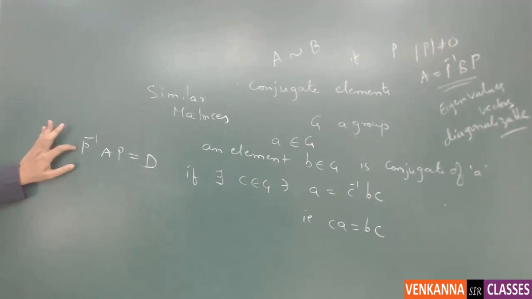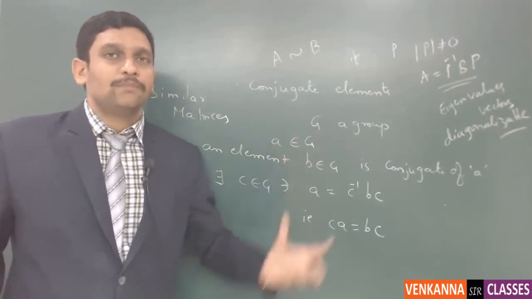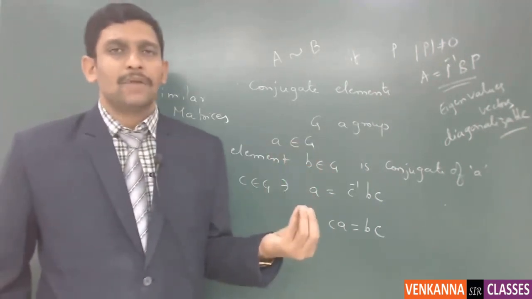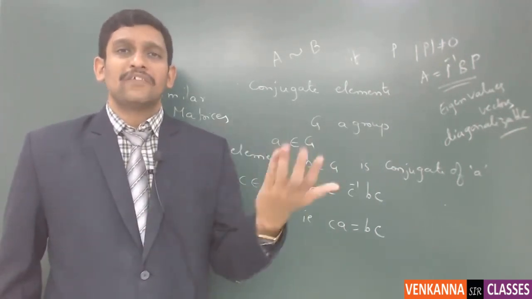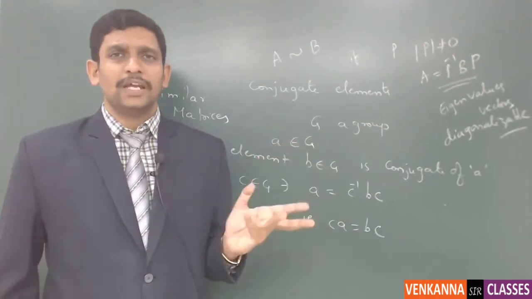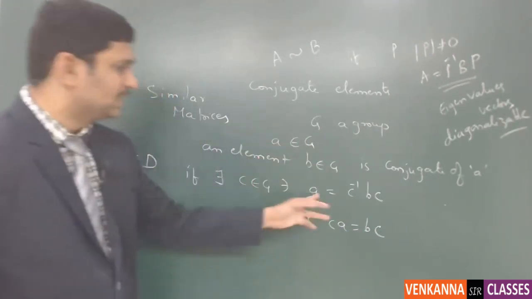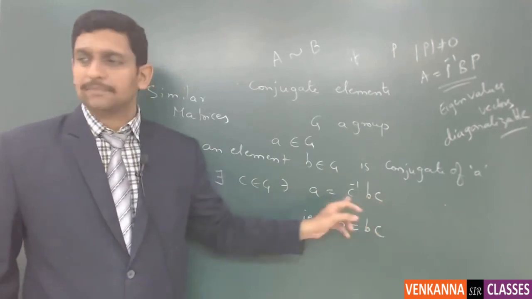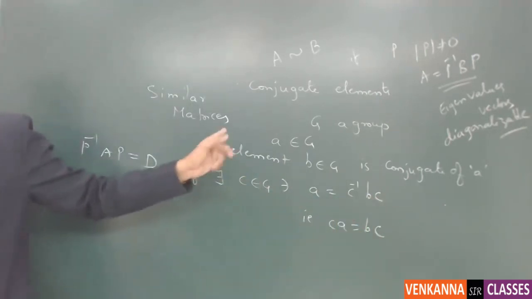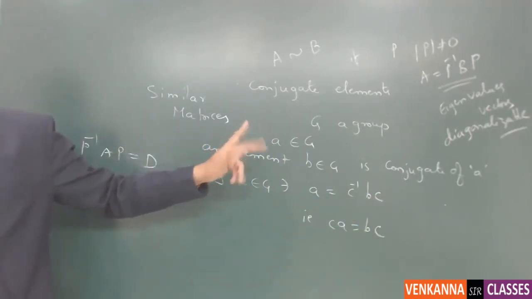Could you recollect the idea? So just like that, if you take a group, you take a value A and we say that another value B is similar to A if you can write A is equal to C inverse BC. And we say that A and B are conjugate elements.